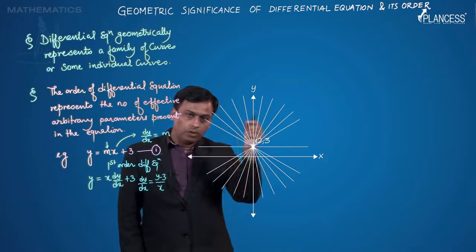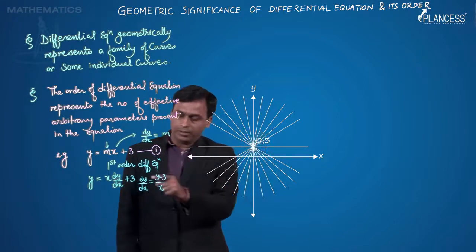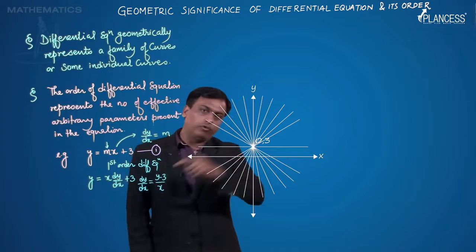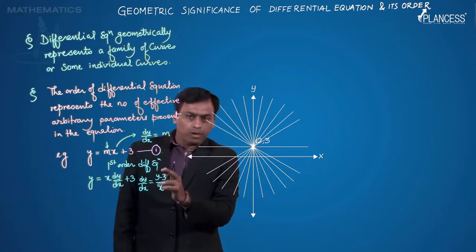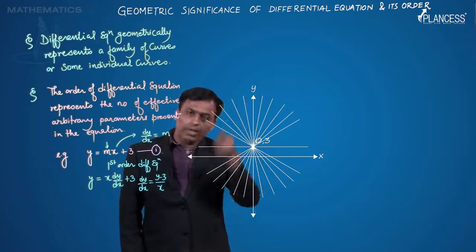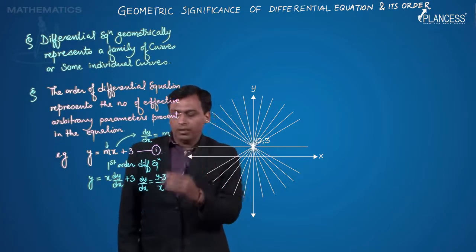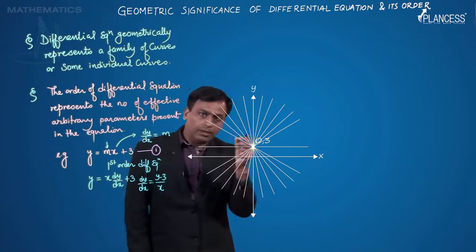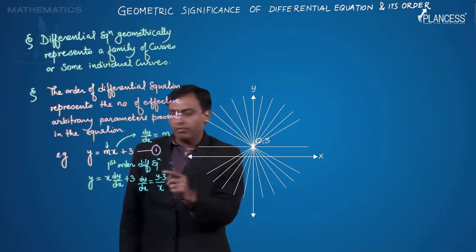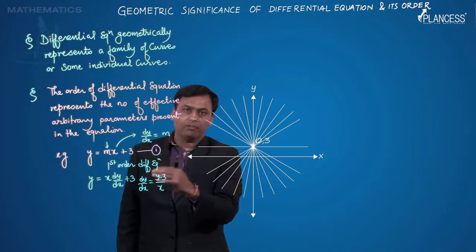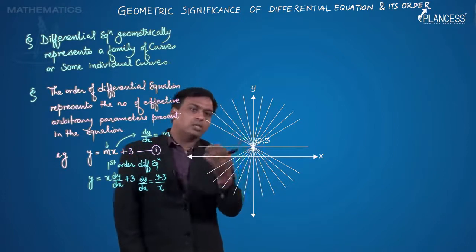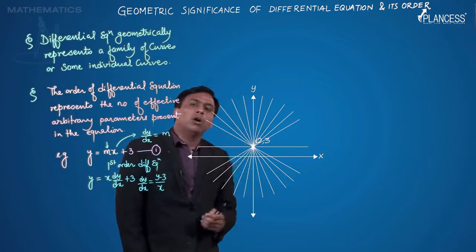So corresponding to a point taken in the xy plane, it determines a constant slope and therefore it generates a straight line. And if you go on changing the point, you will get different lines. So definitely these coordinates of the point are the initial values or boundary values given to the differential equation, and this differential equation itself is capable of representing all the lines we are observing on this screen.